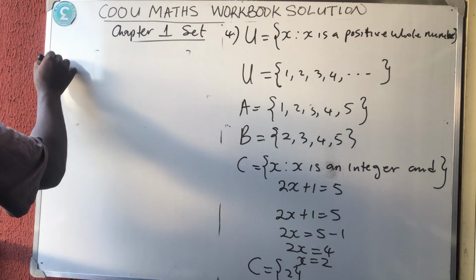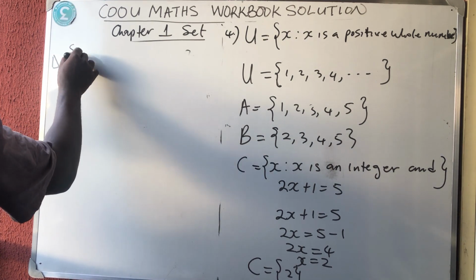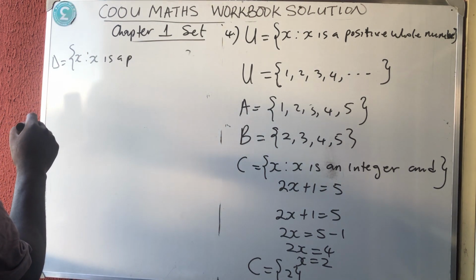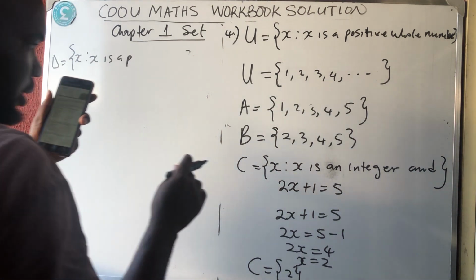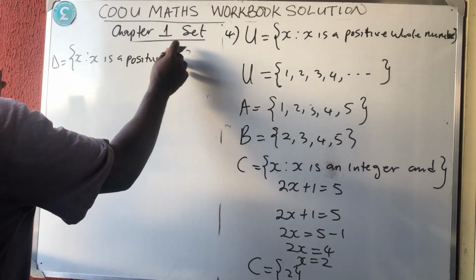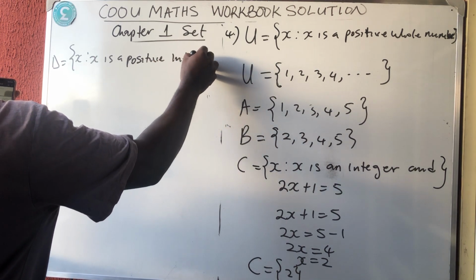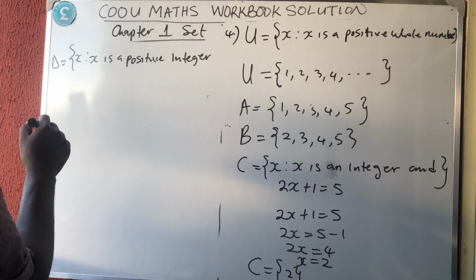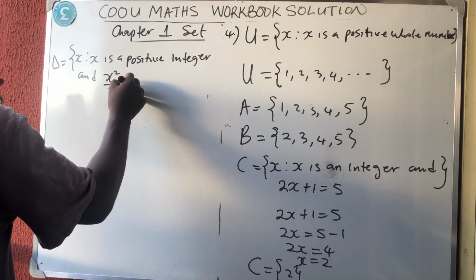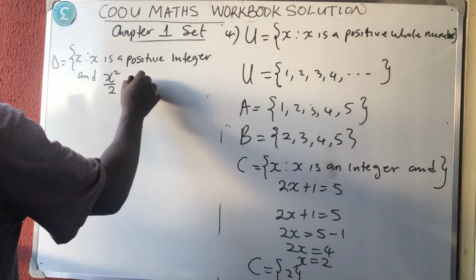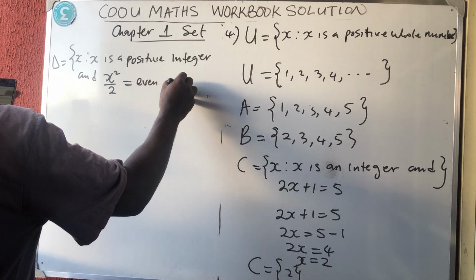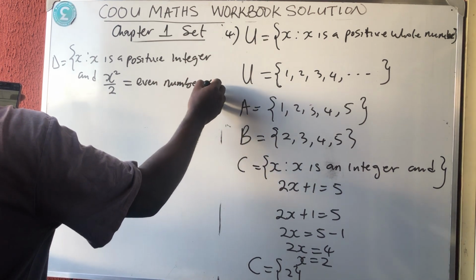Then for D, they say that set D is a set of x such that x is a positive integer and x squared over 2 is an even number less than 10.